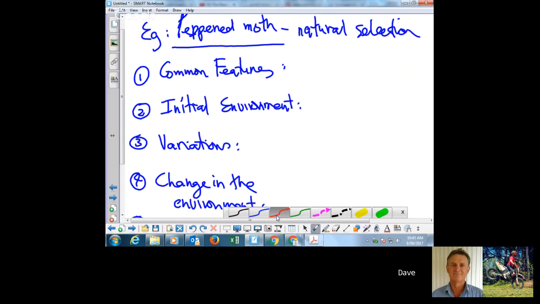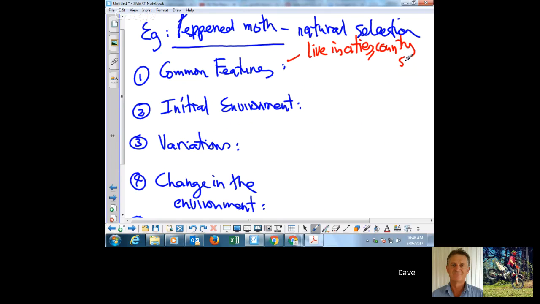So basically, these moths, where are they living? They live in cities and the countryside. They have wings. They're coloured. They're just some general features.